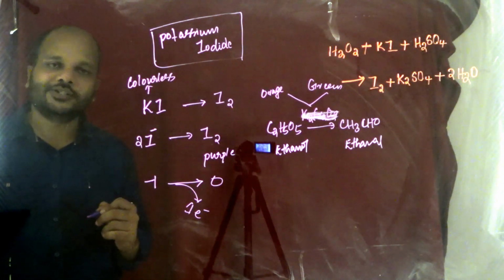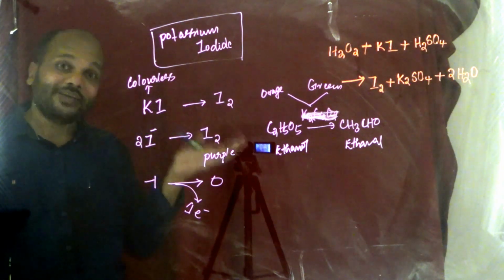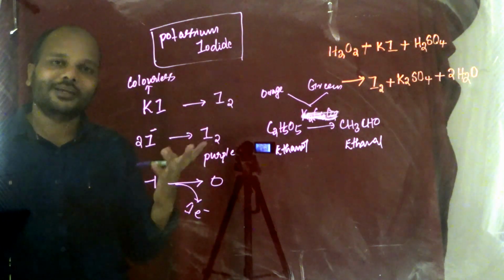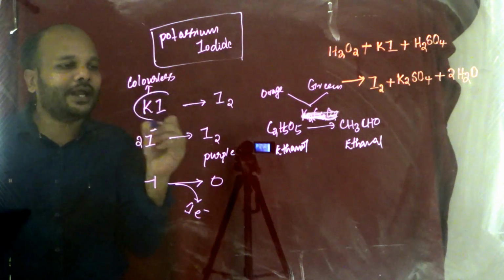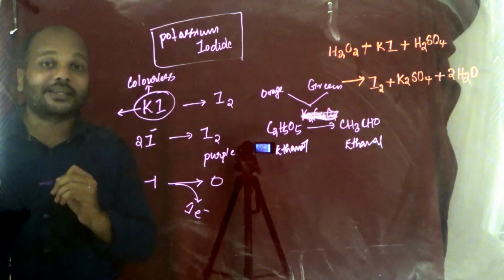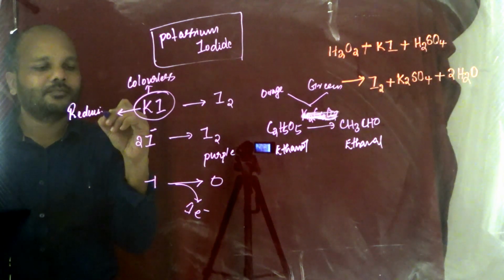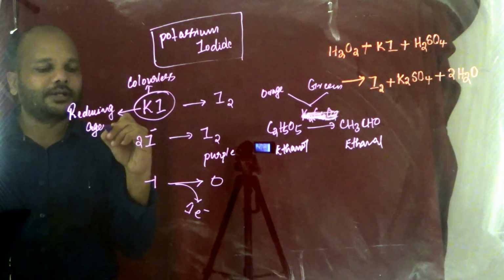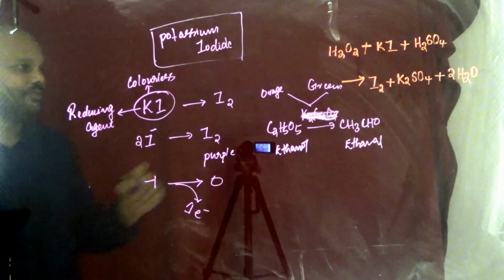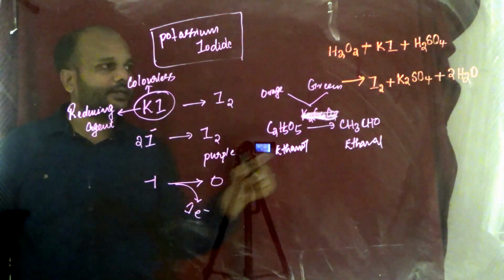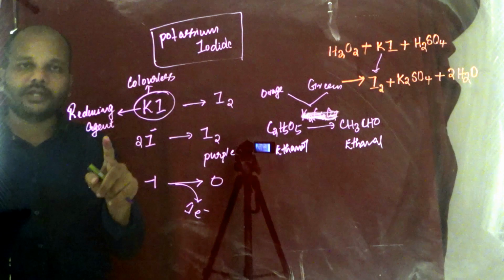Any reagent which is donating electrons, we remember, is a reducing agent. Since potassium iodide has a tendency to release electrons, it is a reducing agent. It just changes into iodine, and it is a very good reducing agent.